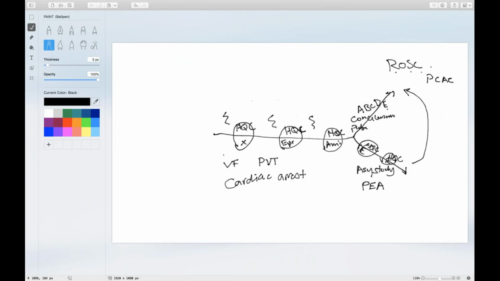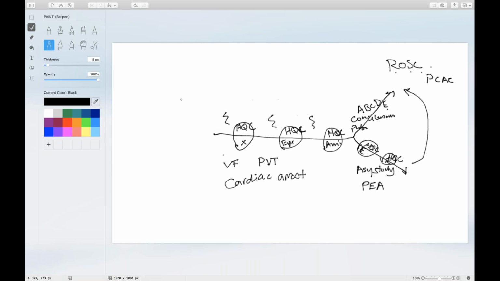Now, before the patient goes into cardiac arrest caused by VF, pulseless VTAC, PEA or asystole, and we try to bring him to ROSC, there are some things he can come to us with in the clinic, the ER or the hospital that will tell us, hey, if we leave this guy, he might go into cardiac arrest.